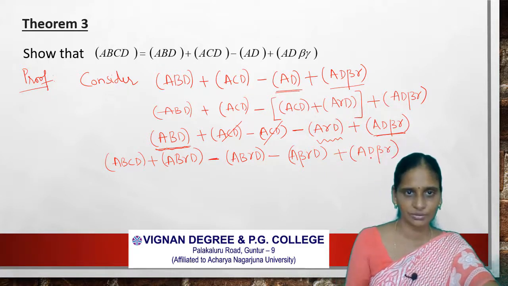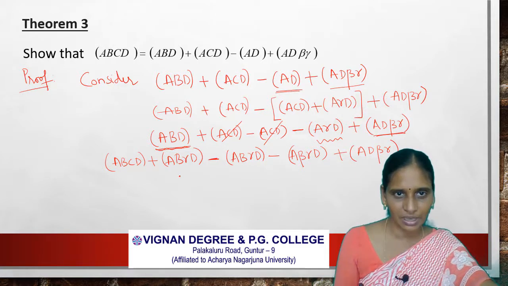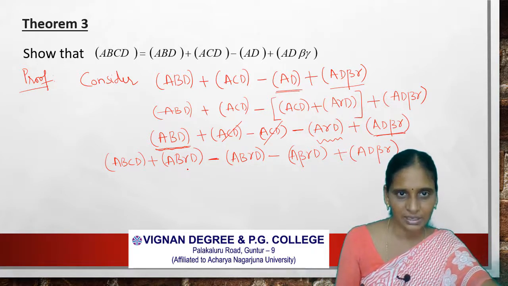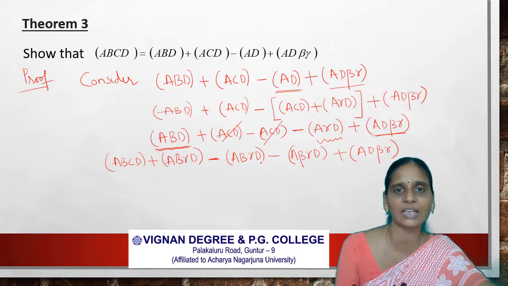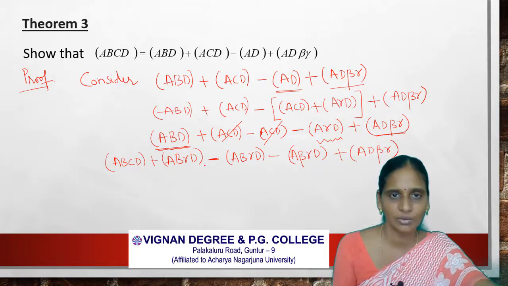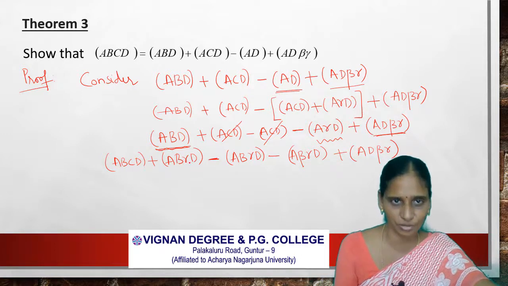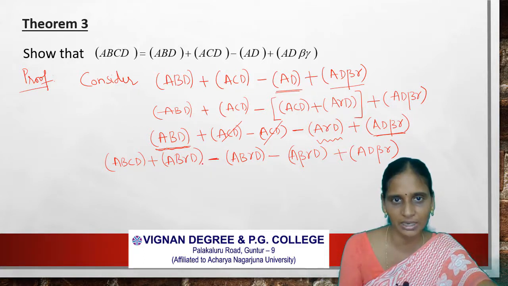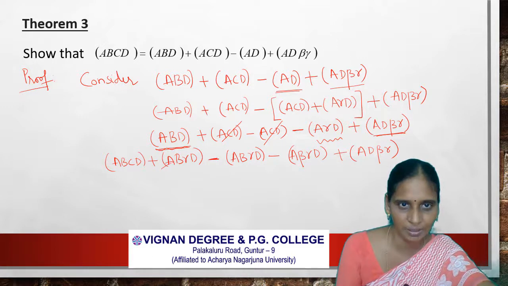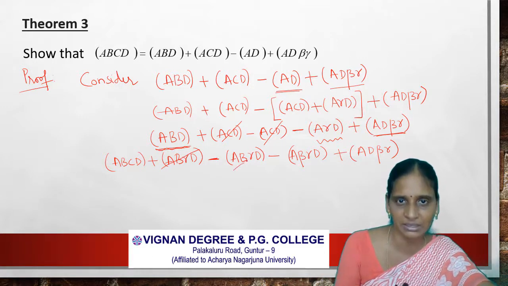Now, here some of the class frequencies are positive and some of the class frequencies are negative. We have to observe those class frequencies. Those are plus frequency of AB gamma D minus frequency of AB gamma D. So this is the plus term and this is the minus term.